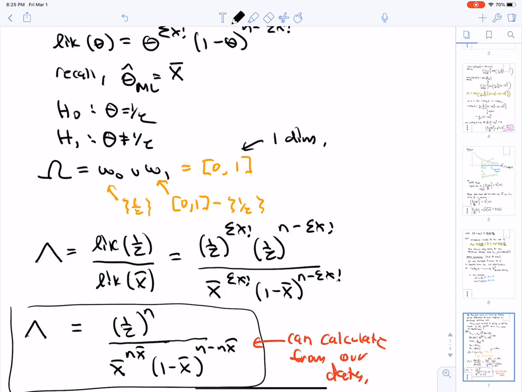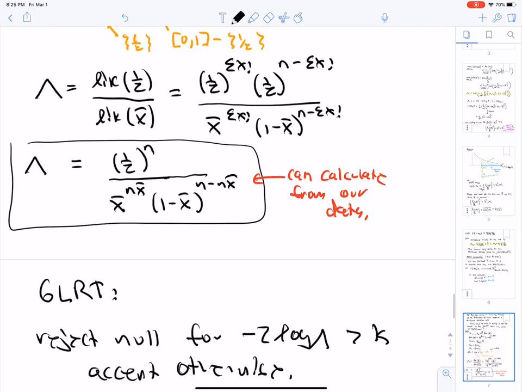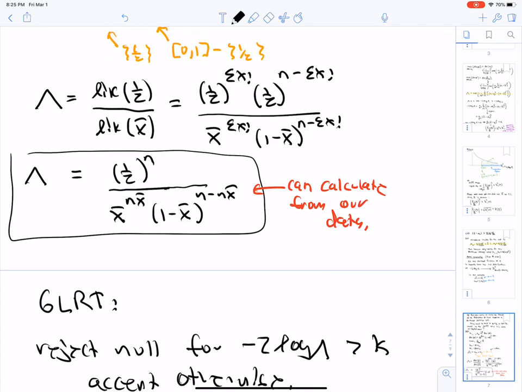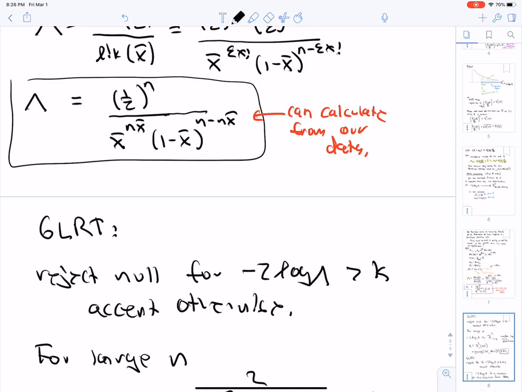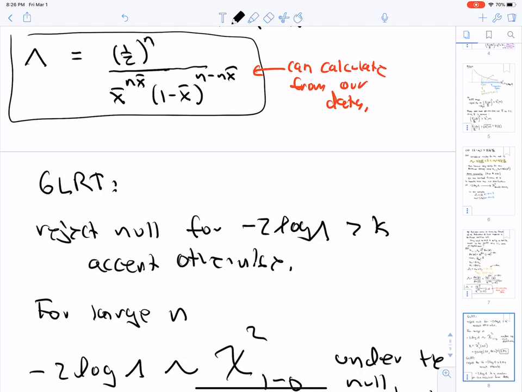Omega is the interval 0, 1, and lambda is the likelihood of 1/2 over the likelihood of x bar. And I've written out what this is, and this is something that you can calculate from your data, and hence find minus 2 log lambda. So the generalized likelihood ratio test is reject if minus 2 log lambda is greater than k, and accept otherwise.